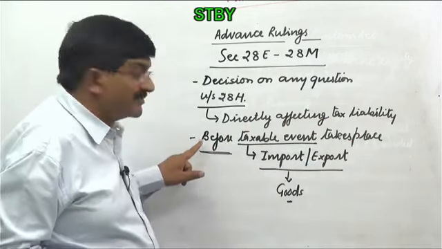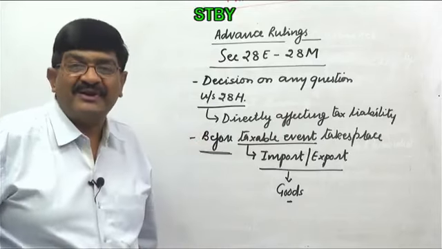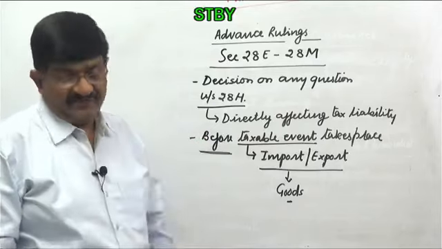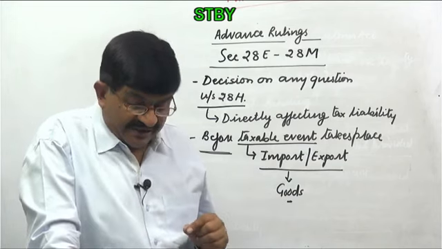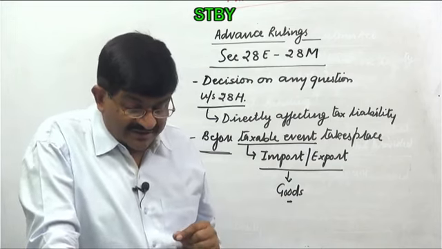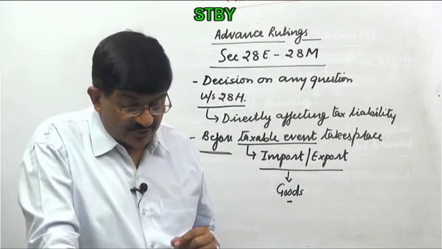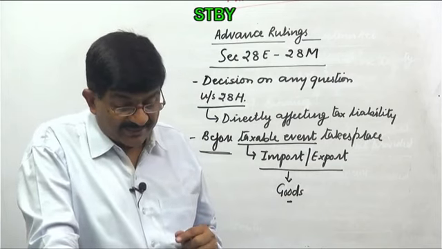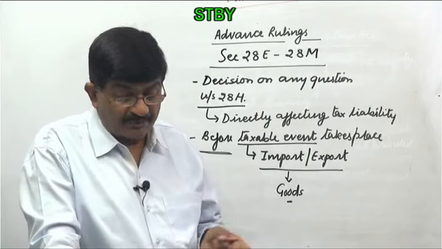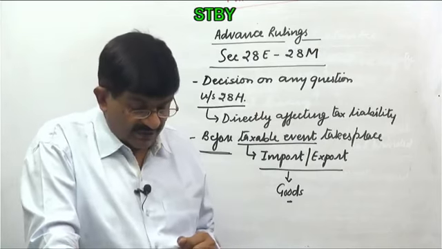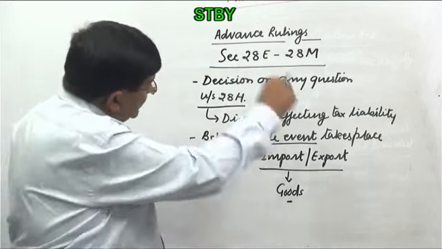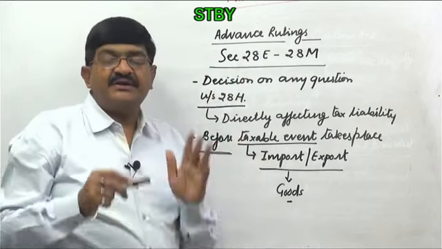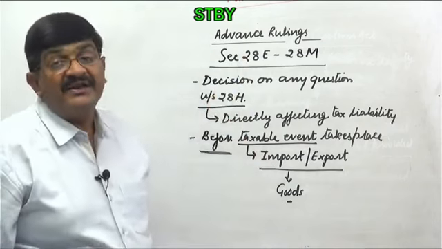But before import export takes place. Now read the definition. So clause B says section 28E advance ruling means a written decision on any question referred to in section 28H raised by applicant in his application in respect of any goods prior to importation or exportation. Now, once you have understood this, then reading and understanding the definition becomes very easy.